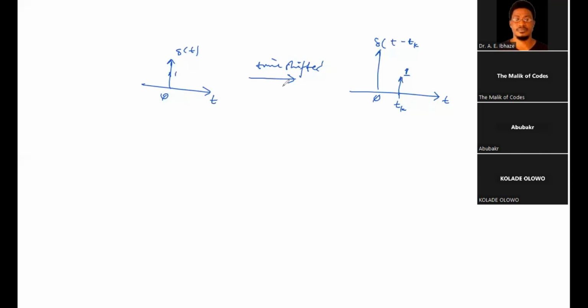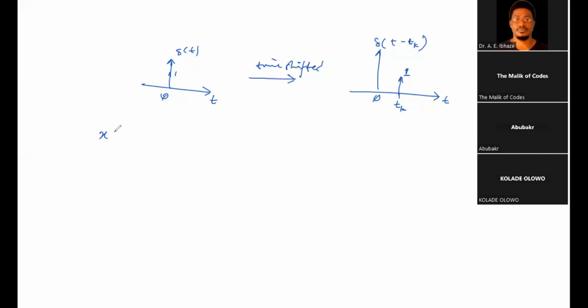Now, when a signal S of t is multiplied by this time-shifted version of the unit impulse response, then the signal is seen to be shifted by time t sub k, such that the signal assumes its value at that time instance.